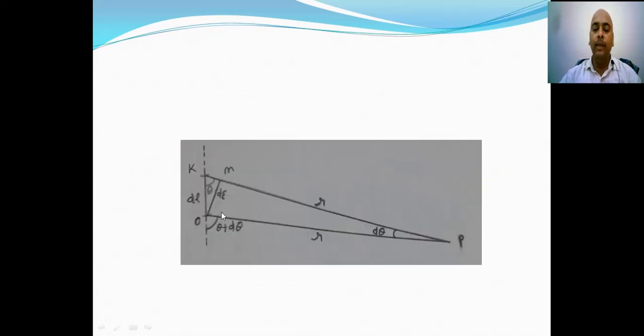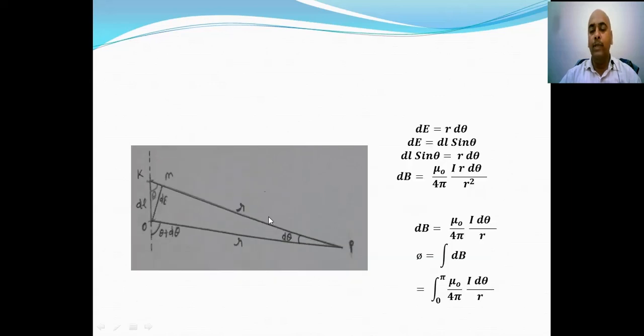Now what I am doing is dropping a perpendicular from the lower end of the infinitesimal element on the upper line. When I drop the perpendicular, it means the angle KMO is 90 degrees. So from here we can conclude that the length KM of the upper line is equal to the length OP plus KM.